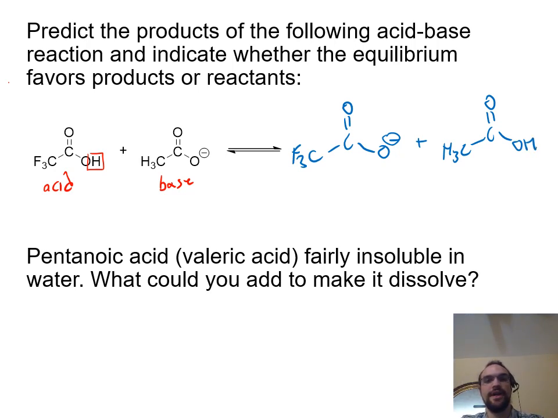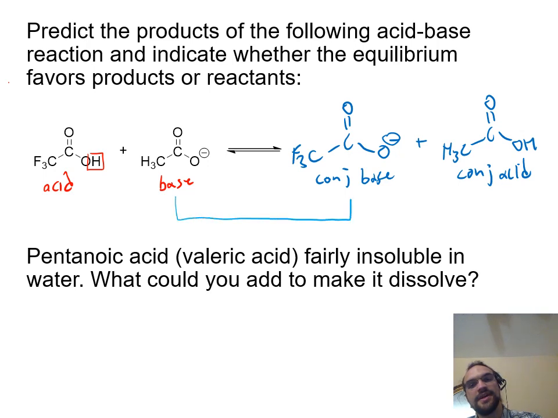Right, so we have our acid and the base. This is the conjugate base. This is the conjugate acid. Right, so the question is which side is favored. So let's see. We could do two things.